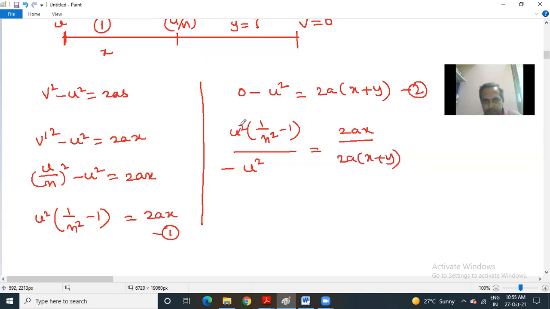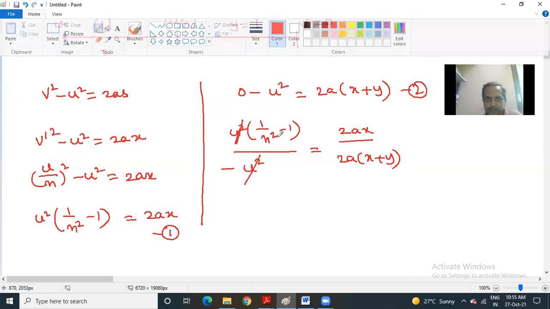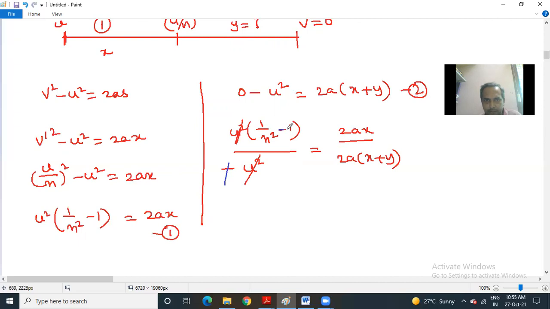So u square gets cancelled, the minus signs cancel, and 2a also cancels. At the numerator, after taking the LCM, it will be (n square minus 1) by n square is equal to x by x plus y.